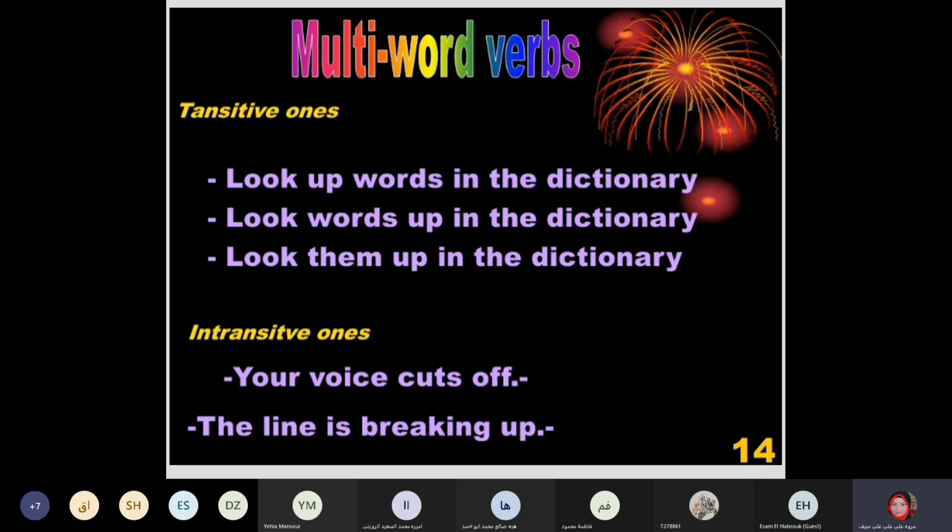When the object is a pronoun, when exactly can we put the pronoun after the phrasal verb as a whole, or in between the two parts of the phrasal verb? In between. Look them up is correct, but look up them, is it correct?